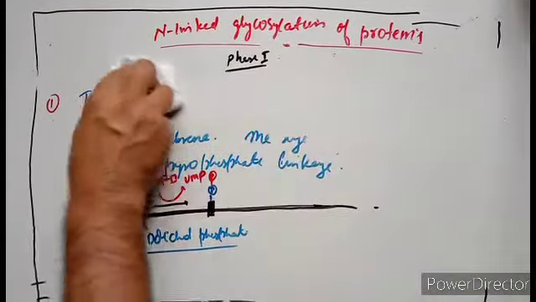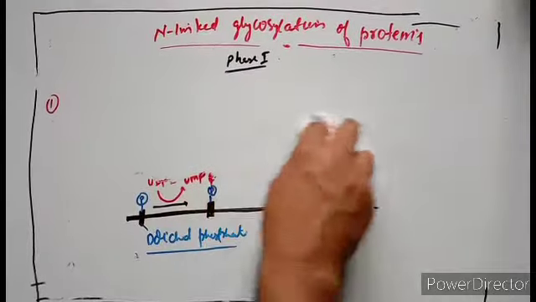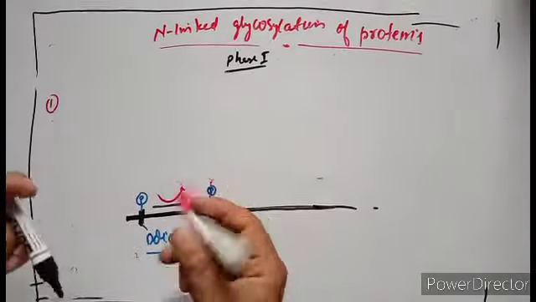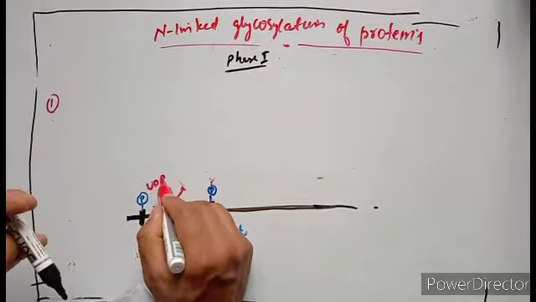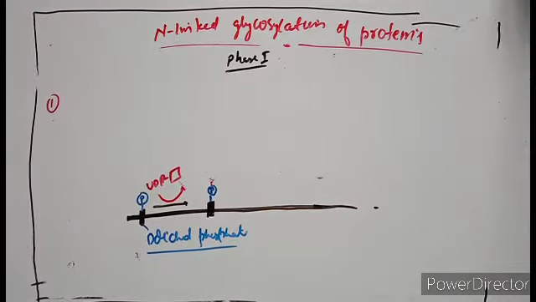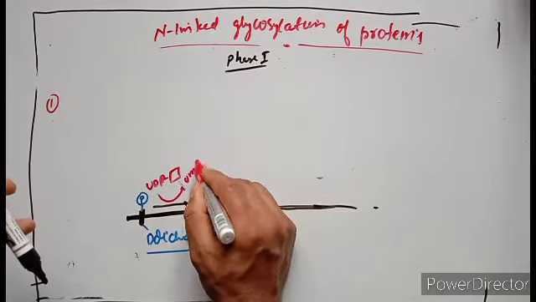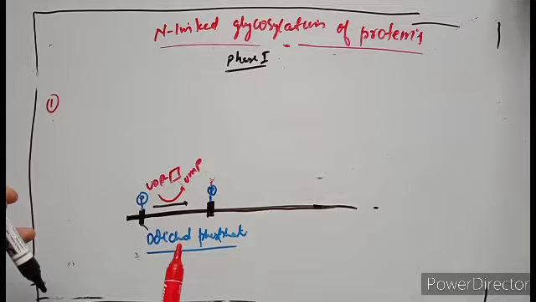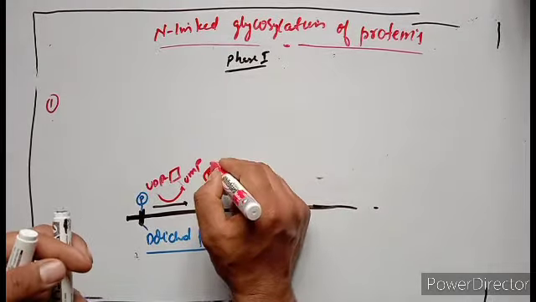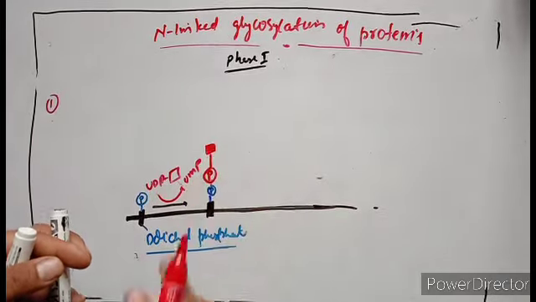Okay. So that you can understand easily, this is our UDP and galactose amine. So this gives us UMP, and this one phosphate and the N-acetyl glucose amine is added on this dolicol. Okay.